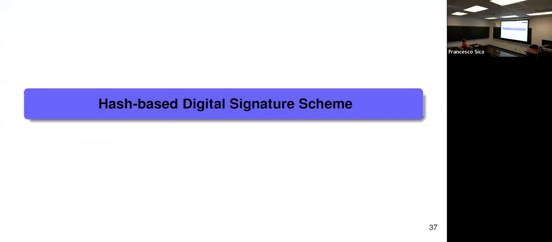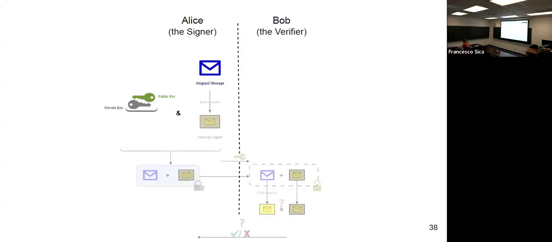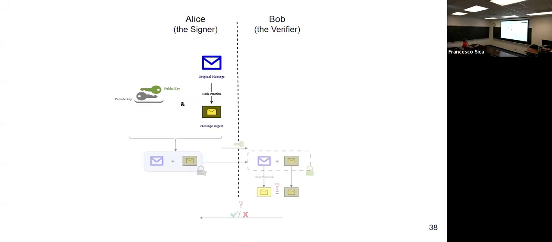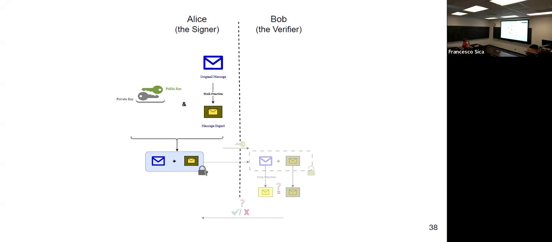Having explained our hash functions, now we can start hash-based digital signatures. Hash-based signatures use hash functions as their security foundation. So the signer hashes the original message at first, and then tries to sign it with their private key.